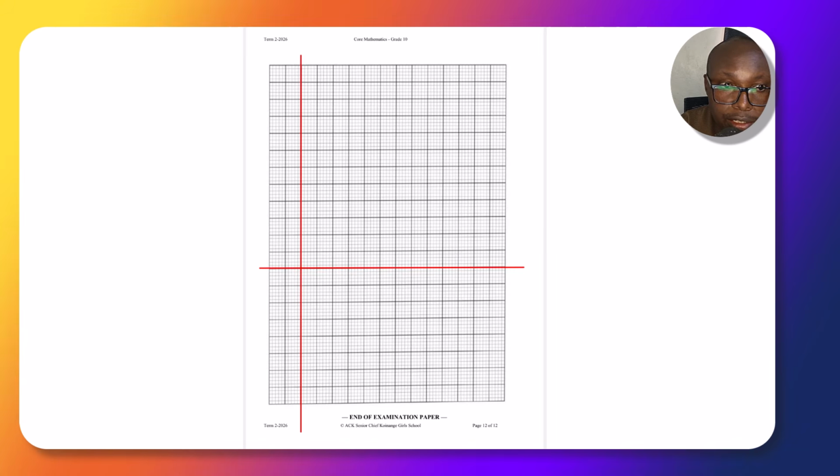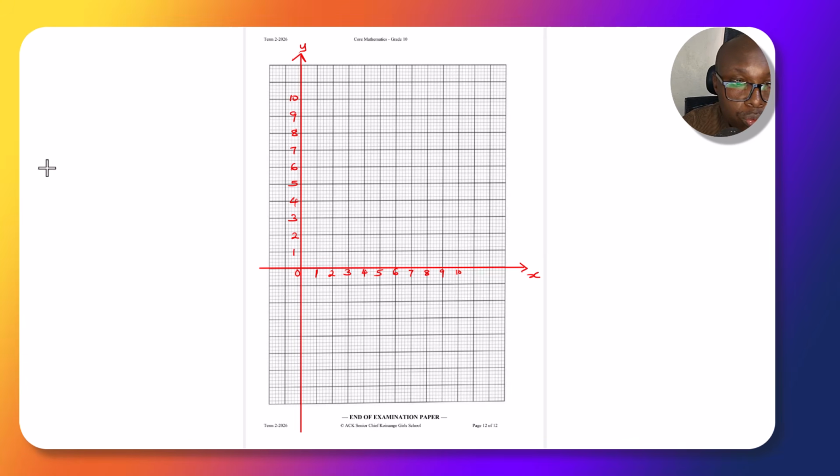So those are the axes. So we have the y-axis here, and then this is the x-axis. So make sure you've drawn the axis, and then you have numbered 1, 2, 3. I've numbered up to 10. I don't think it will go beyond that.